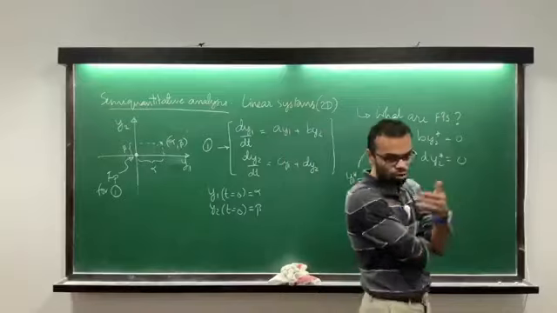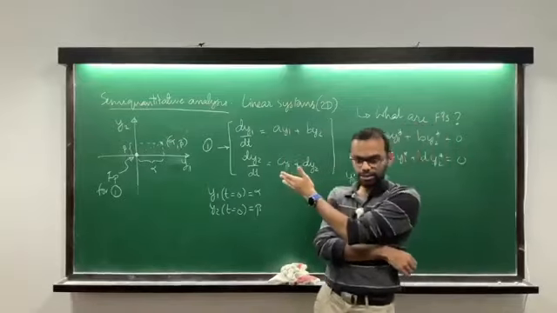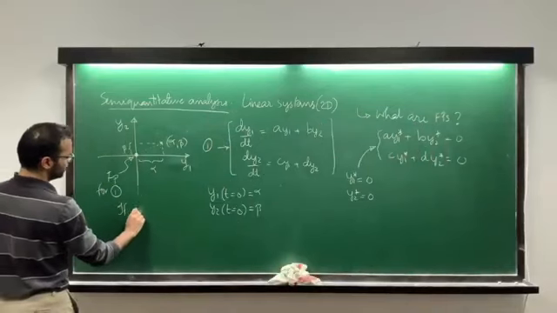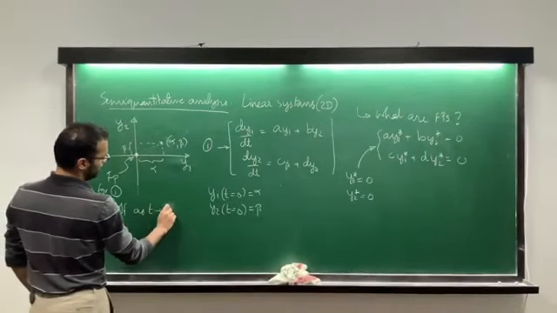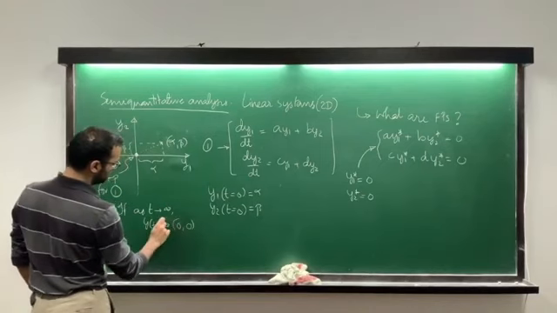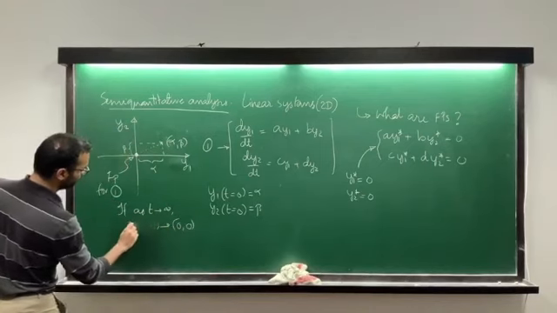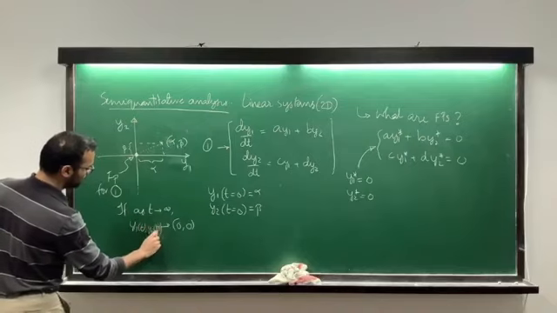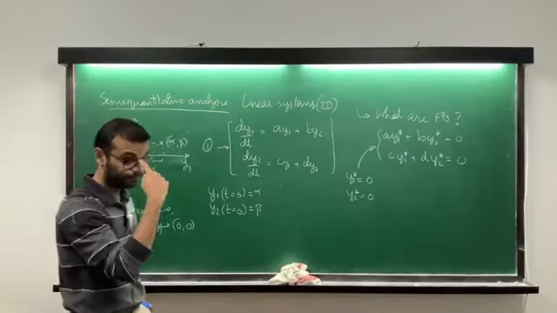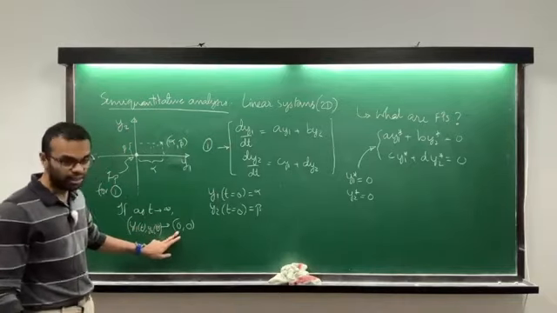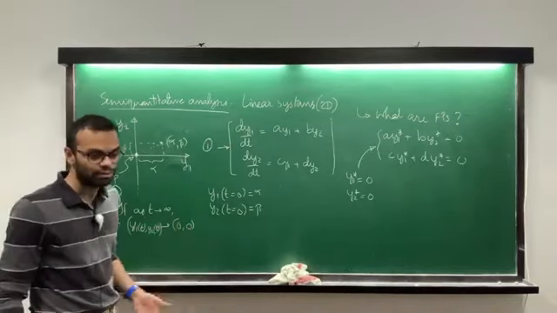Will it go close to the origin, which means as t goes to infinity, y of t, that is y1 of t, y2 of t, approaches the origin? The trajectory is now a curve in this plane. Will this approach the origin? That's one possibility.